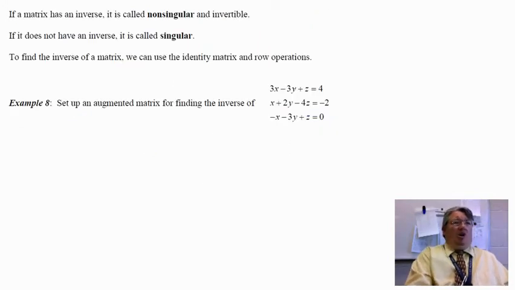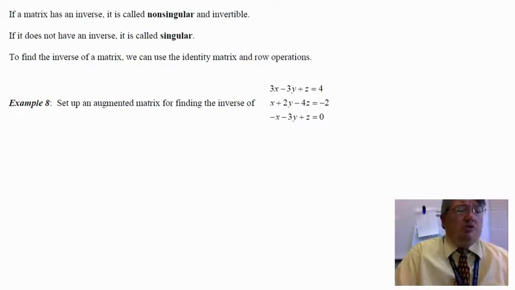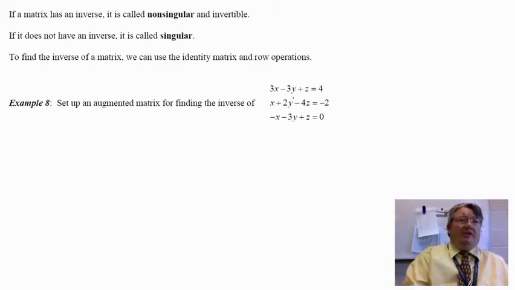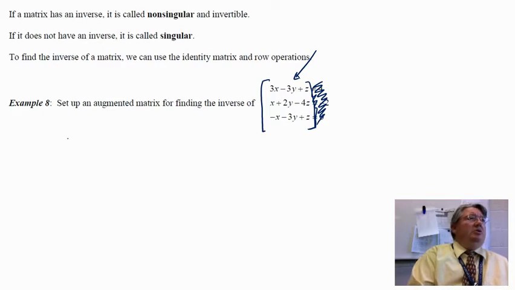Okay, now I can solve an equation using an inverse. But in order to do that, I've got to find the inverse first. So for this, I want to find the inverse matrix of that. Now, I don't worry about the answers, because to solve equations with inverse matrices, I only use the coefficients. Okie doke?